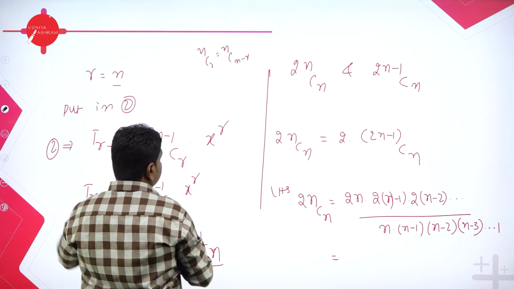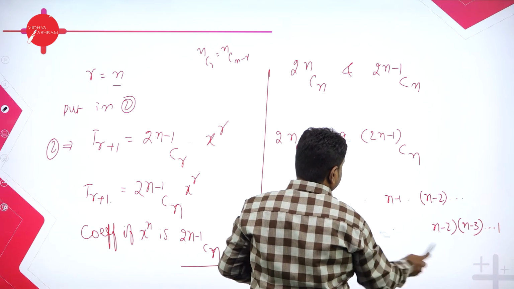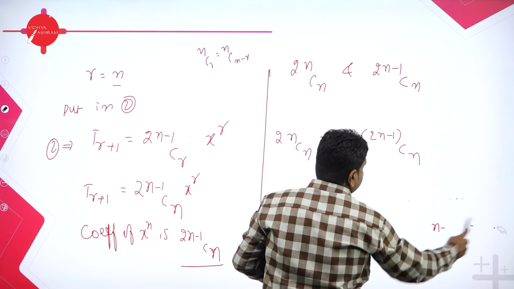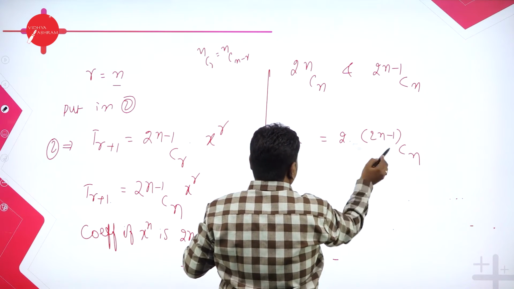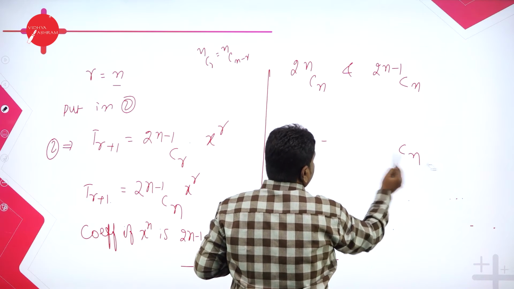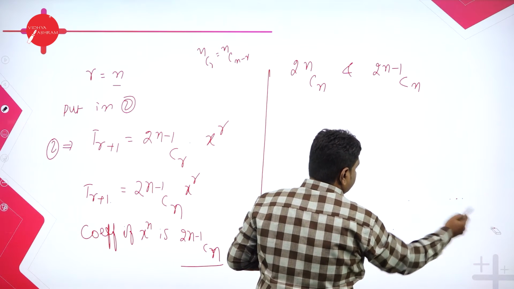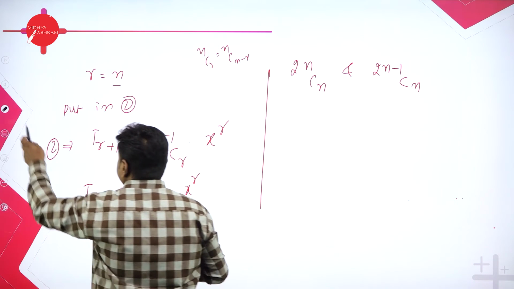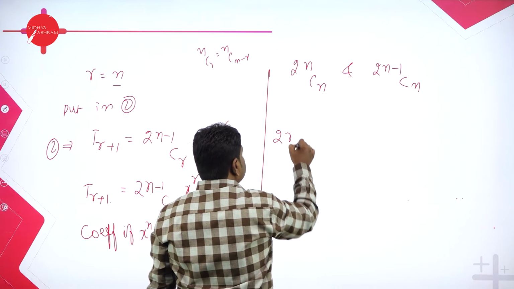So now our task is simple. To prove this, I cannot just conclude. First I am repeating. We got two coefficients, and now I have to prove one is double the other. So I'll take this 2n Cn.